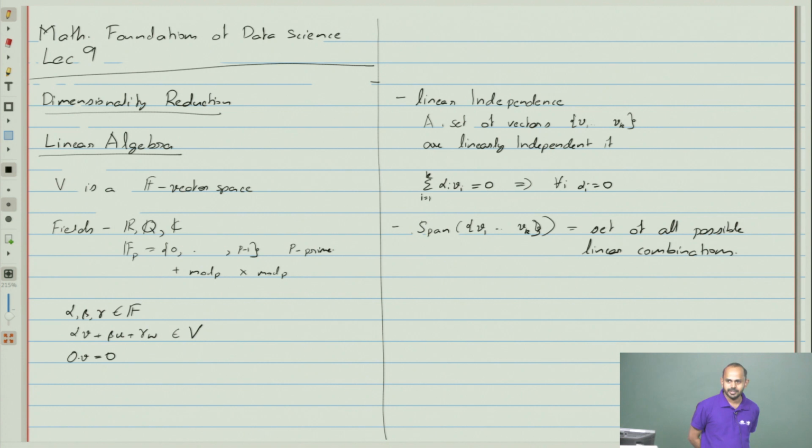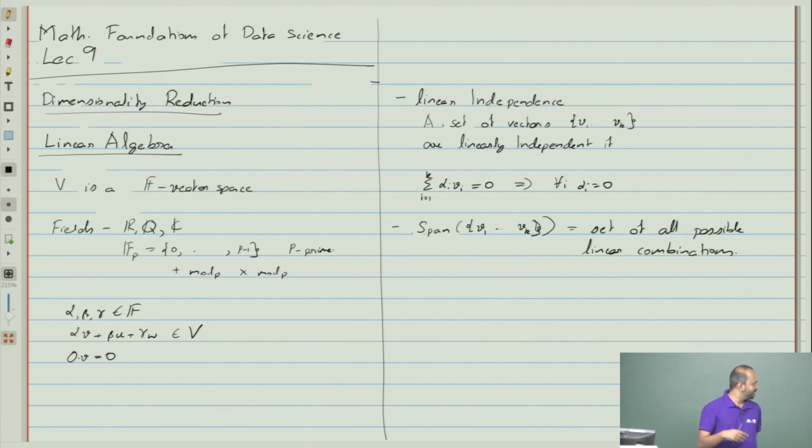What is the span of that vector 1 1? It is all the points on the line y equal to x, all the vectors like alpha alpha, where alpha can be anything. I take two such vectors and add them up, and I again get the same type of vector.